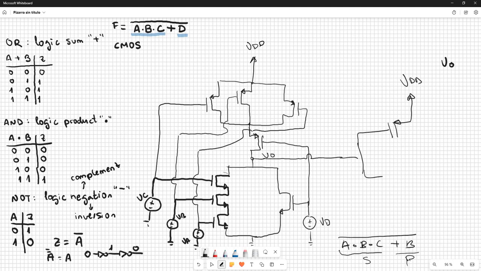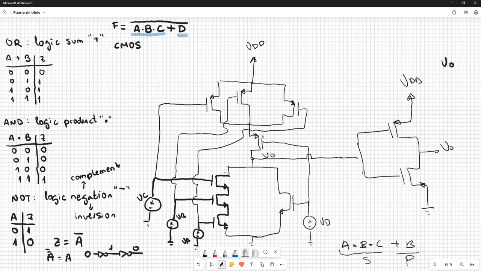As you can remember, that was this way. So now the output of this circuit is going to be the negation of this, that is equivalent to removing this negation. So you can connect a lot of logic gates one after the other and have the function that you want.